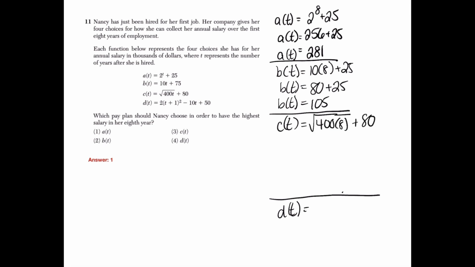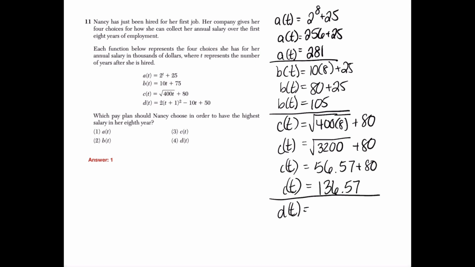So square root of 400 times 8 plus 80. You can use your calculator for the first part, and you're going to get the square root of 3,200 plus 80. When you do that in a calculator, I just rounded to the nearest hundredth, so 56.57 plus 80. And when you add those together, I get 136.57. So $136,570.